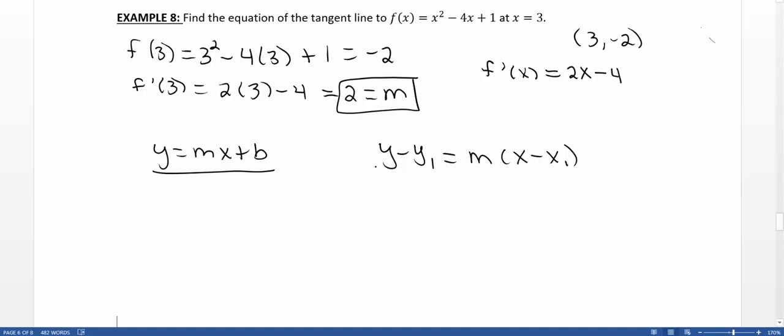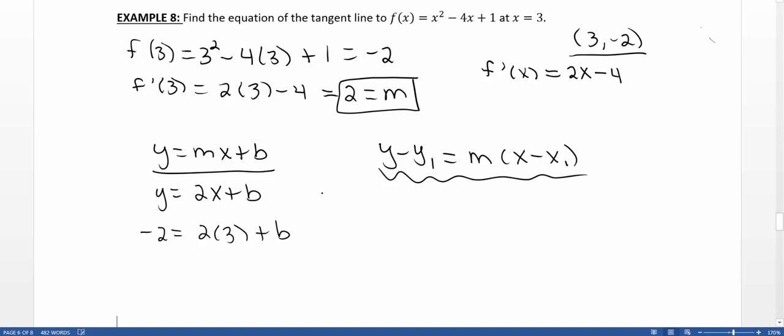If you want to use the other form, that's fine as well. Here, my slope is 2, so I have y equals 2x plus b. Now to find my b, that's why I need my point, because I need to plug in the point to be able to solve for b. So I'm plugging in a 3 for x and a negative 2 for y.